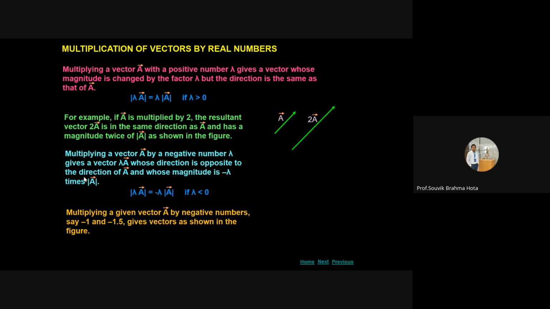So multiplying a given vector A by a negative number, say minus 1 or minus 1.5, gives vectors as shown in the figure. Now you see your vector A, another in the opposite direction, and another in the opposite direction but 1.5 times.